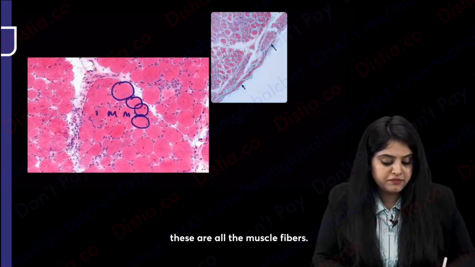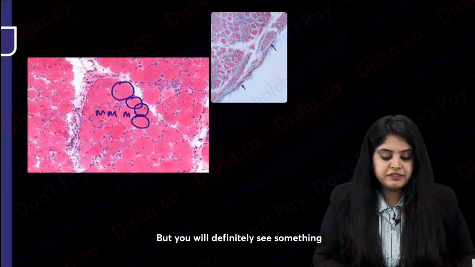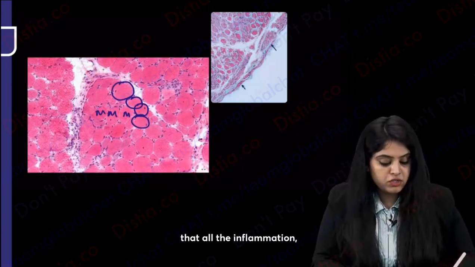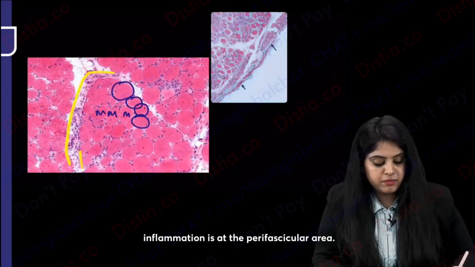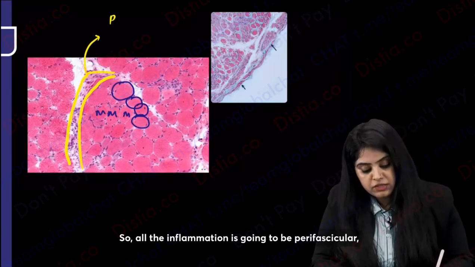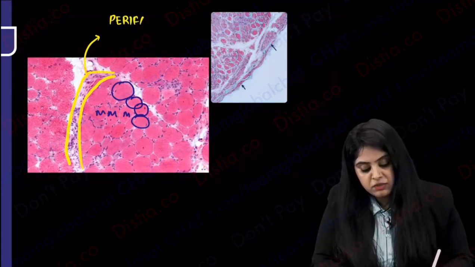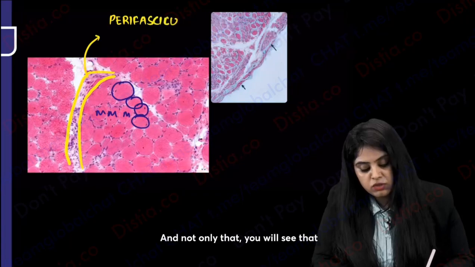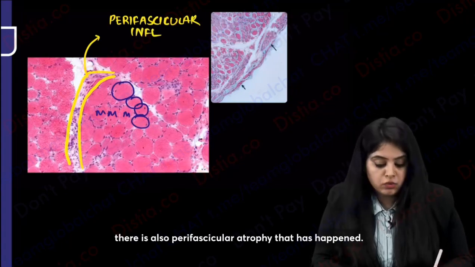But you will definitely see that the lymphocytic inflammation is at the perifascicular area, around the fascicles. And not only that, because of this inflammation, there is also perifascicular atrophy.